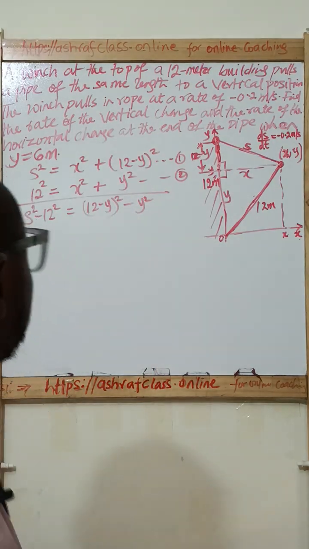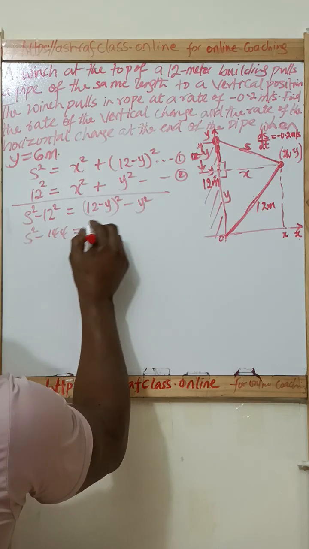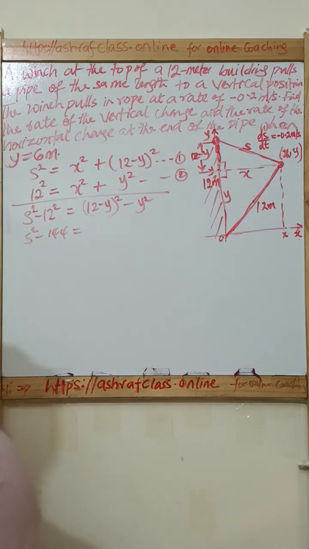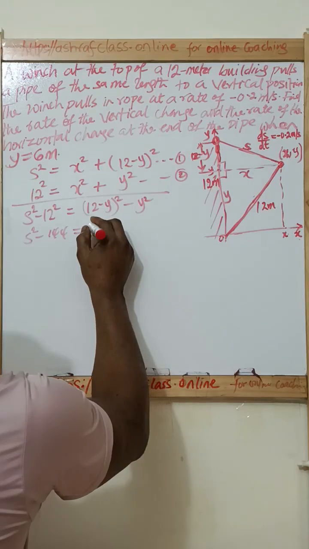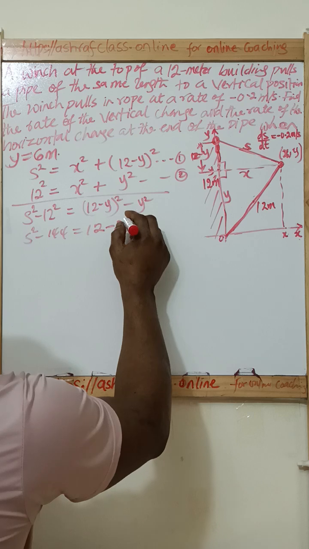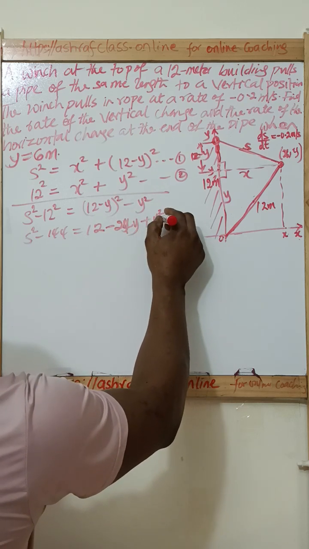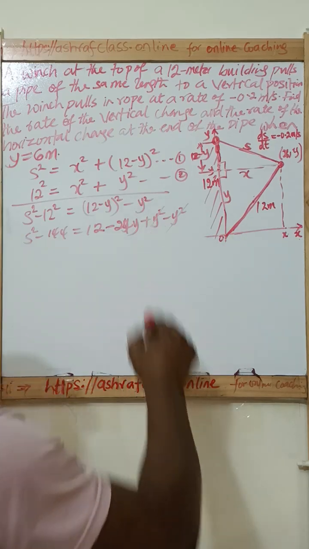If we simplify this, that will be s squared minus 144 equals 12 squared minus 24y, then plus y squared minus y squared. So this and this can cancel out.